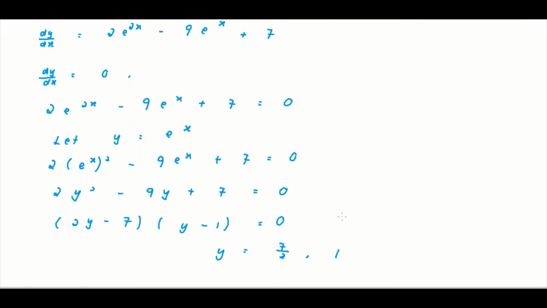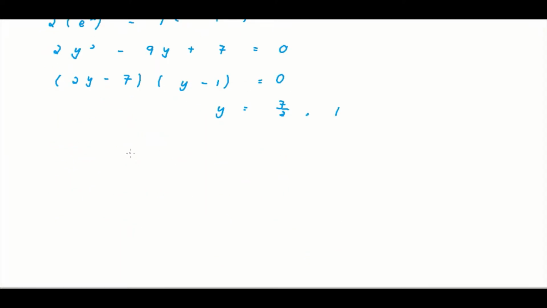Okay, so we need to find out the value of x. Since y is e^x, I have e^x equals 7 over 2, and the other one is e^x equals 1. How do you solve this? You need to change it into natural log, right? So x will equal natural log 7 over 2.